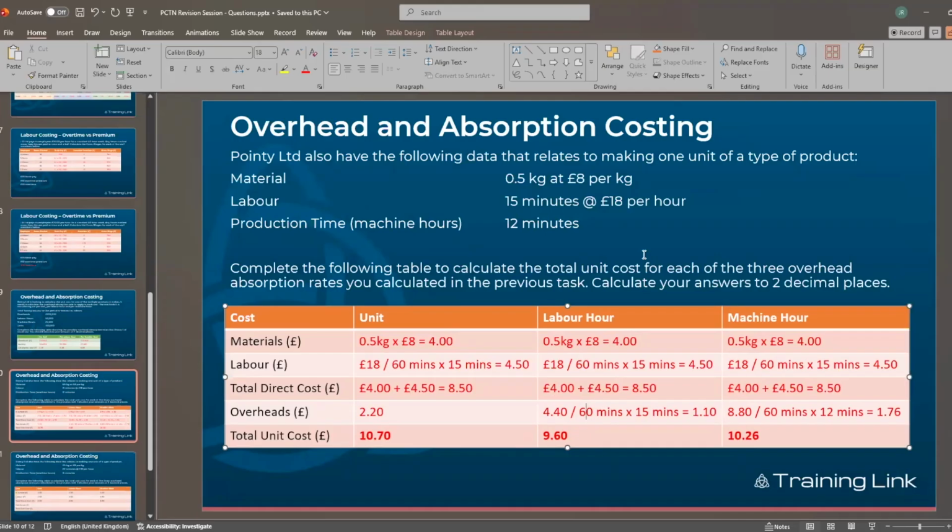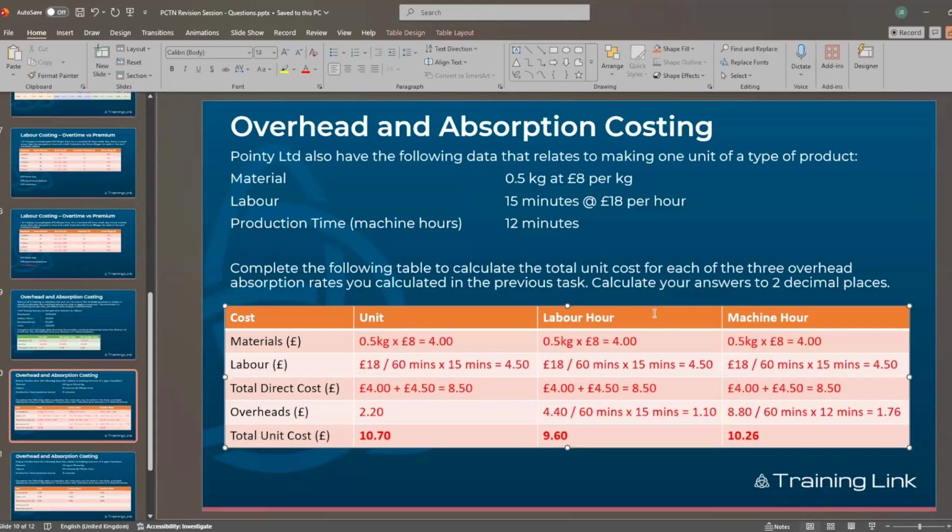If one product takes half an hour to make and a second product takes 2 hours, on a labour hour basis it would be fairer to allocate 4 times the overheads to the second product, because it's taking 4 times longer to make.